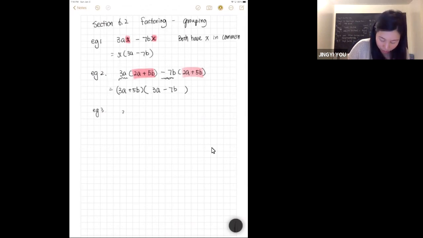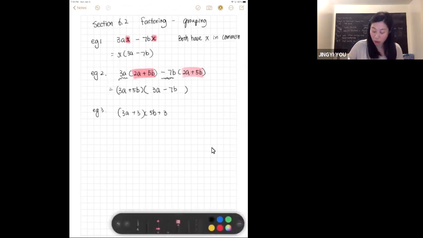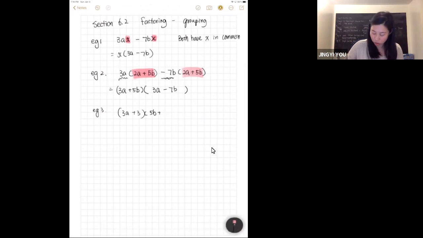If I have (3a plus 3) times (5b plus 2), now I want you to distribute, which is the opposite, remember, of what we just did in the previous example. Instead of grouping into two parts and finding the common factor, I want you to expand them.